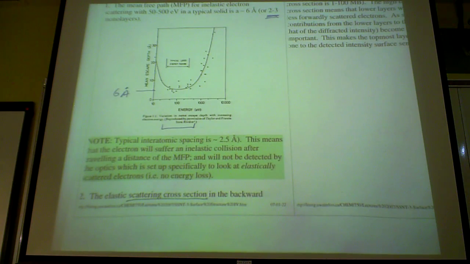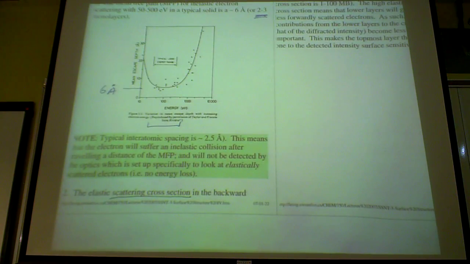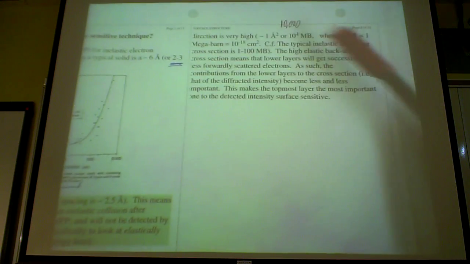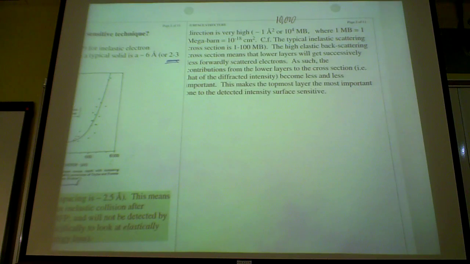In this case, the elastic cross section is usually of the order of 10,000 megabarn. This is particle physics terminology used when scattering elementary particles in high energy physics facilities.